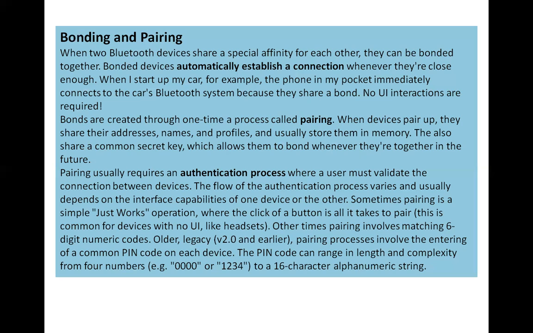Other times, pairing involves matching 6-digit numeric codes. This is older legacy pairing, where the process involves entering a common PIN code on each device. The PIN code can range in length and complexity from 4 numbers, for example 0000 or 1234, to a 16 character alphanumeric string.